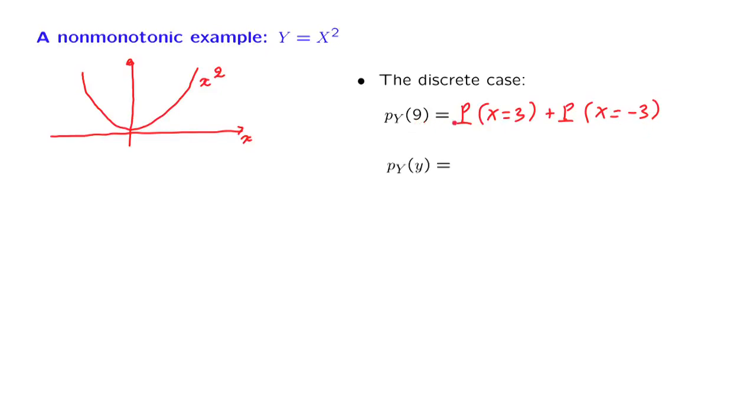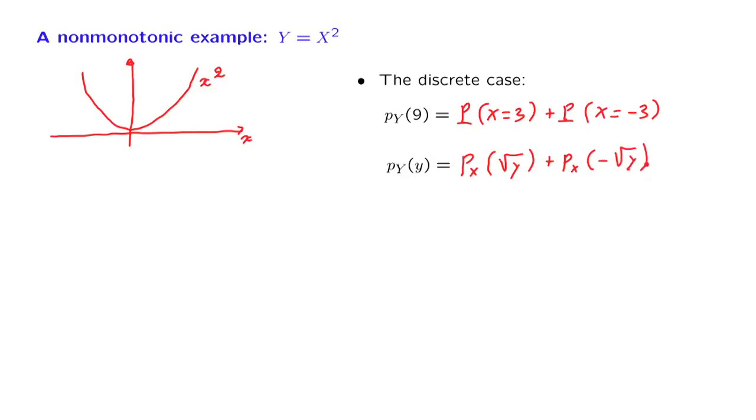We can generalize this calculation. The probability that the random variable y takes on a specific value, little y, can be found by adding the probabilities of all the different x's that lead to this particular value. Now, for x squared to be equal to little y, we need to have x be equal either to the positive square root of y or to the negative square root of y.